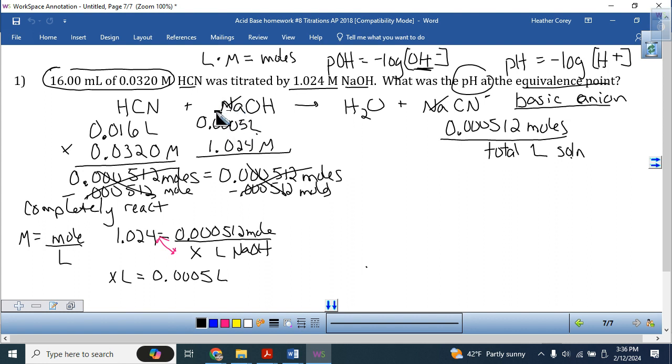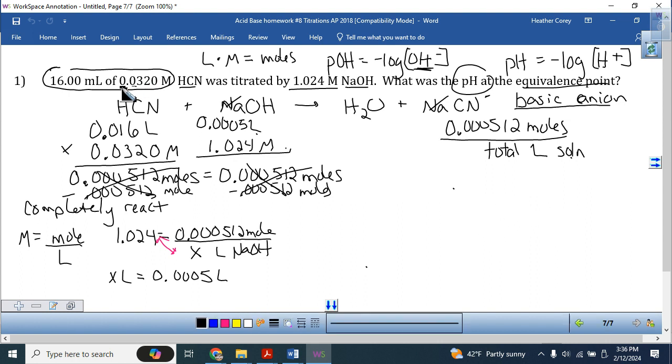Another method you can use is MV equals MV. As long as we have a 1-to-1 ratio, we can take our liters times our molarity equals our molarity times our liters. And from there, you can solve for your second volume.